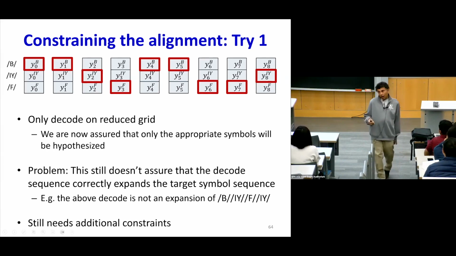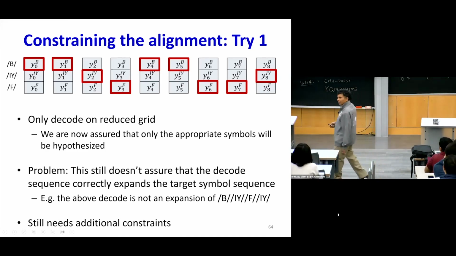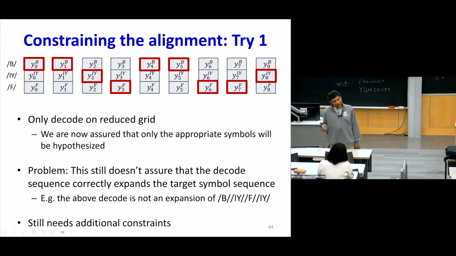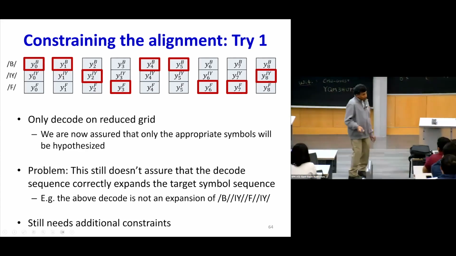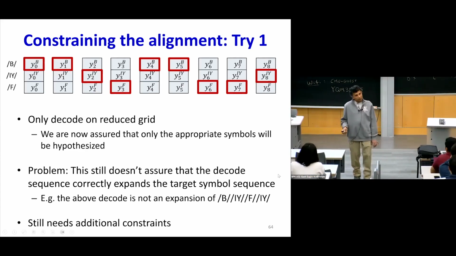So how could you improve on this? I want to make sure that whatever sequence I get is definitely an expansion of the word, that whatever I pick as the most likely definitely represents an expansion of beefy. So what can you suggest to take it one step forward from here? Anyone?